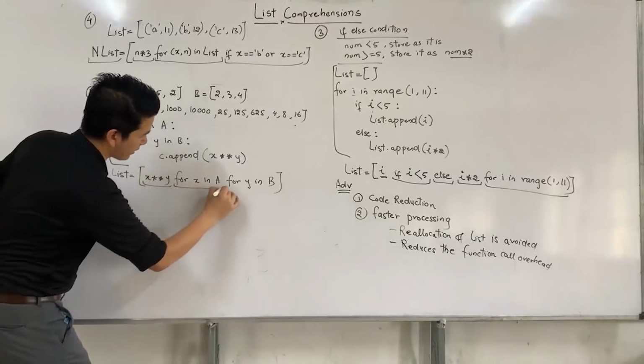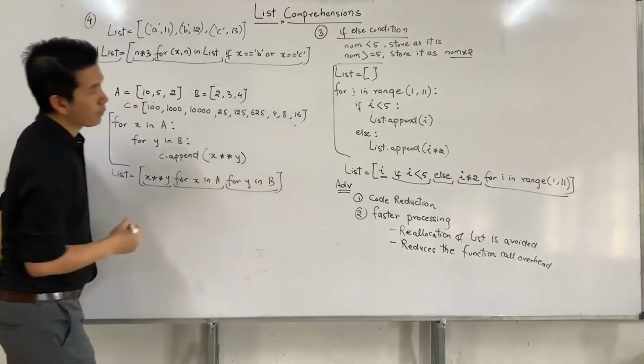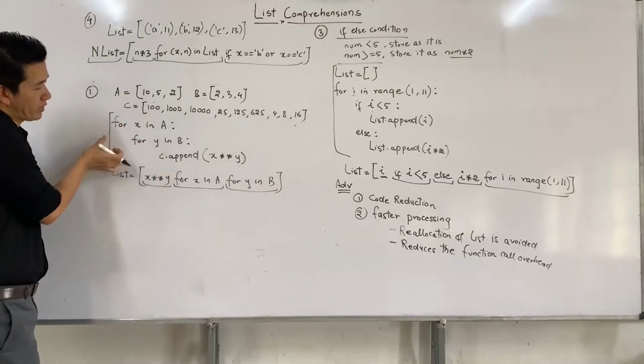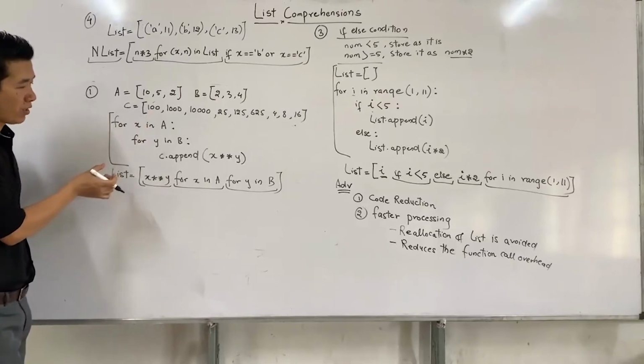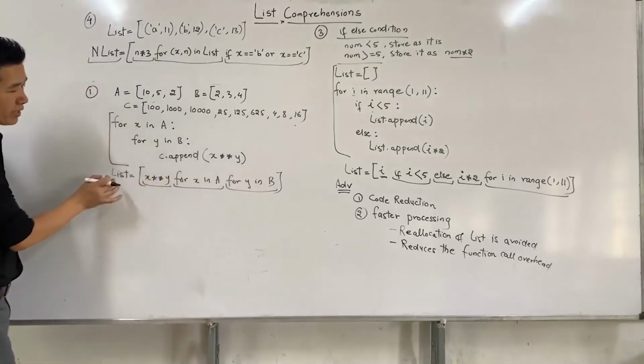You have the first loop, the outer loop, and then the inner loop. So this program, which has 3 statements, could be replicated logically using list comprehension like this.